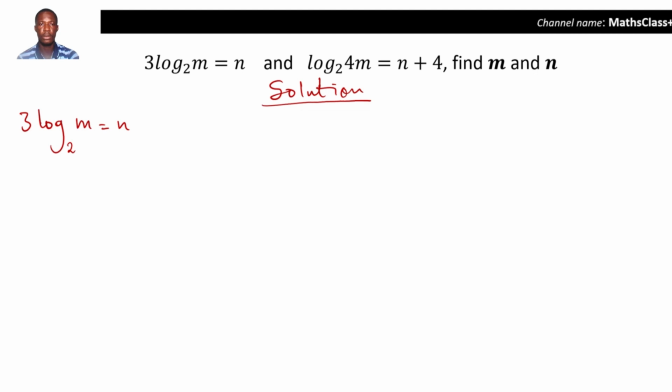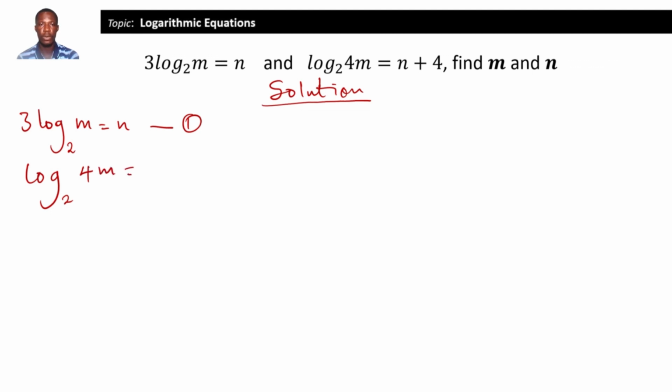And that counts as equation 1. And then I have log to the base 2 of 4m is equal to n plus 4. That also counts as equation 2.